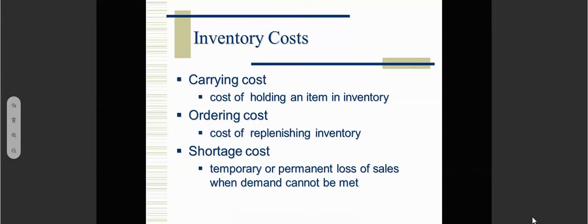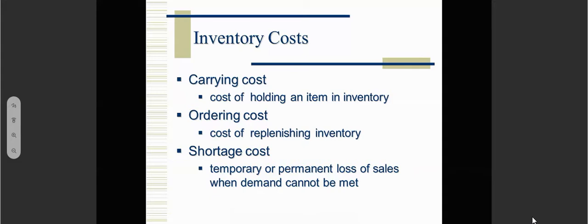So if we look in more detail under the carrying cost, there are a number of components, which include tax, handling cost, storage, renting cost, and many others that relate to storing the inventory.